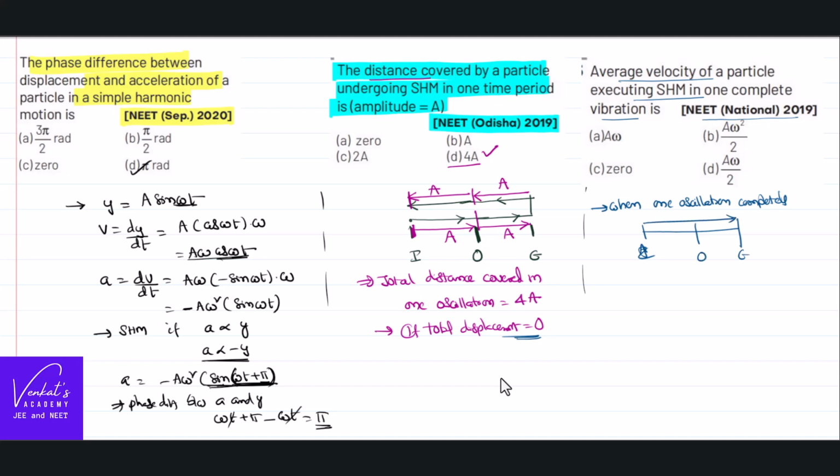It has started from here, it came back. Its distance traveled is 4a, but its displacement is equal to 0.